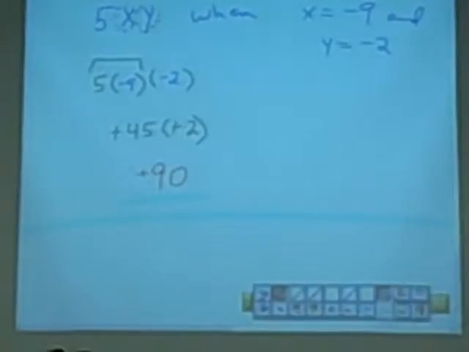Okay, let's go on to a new page. Now we want to divide. And here we have 14 divided by a negative 2.